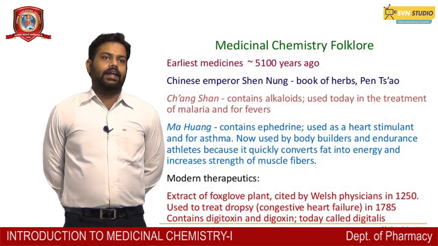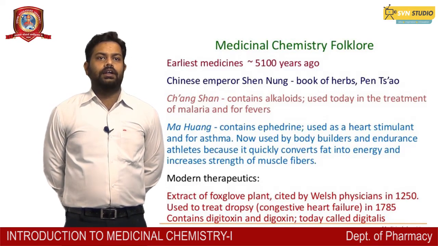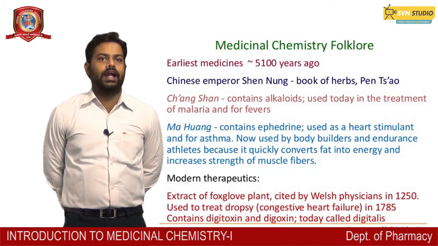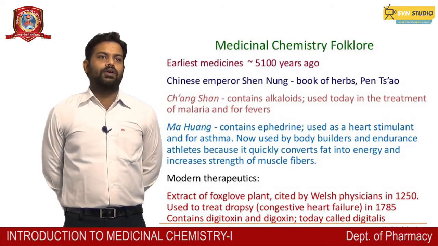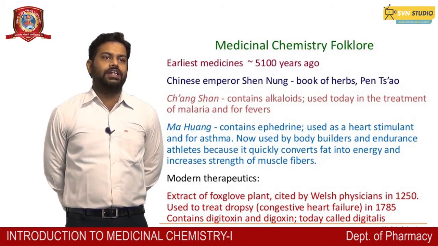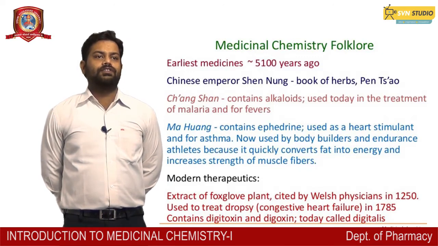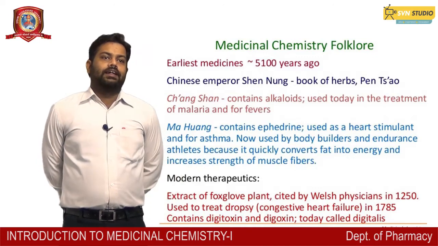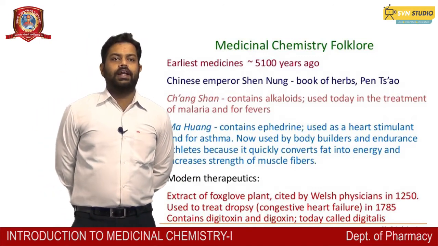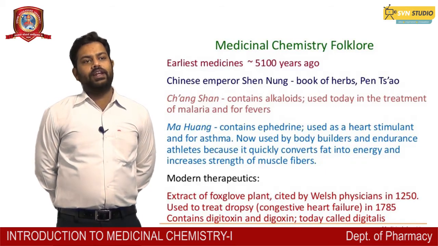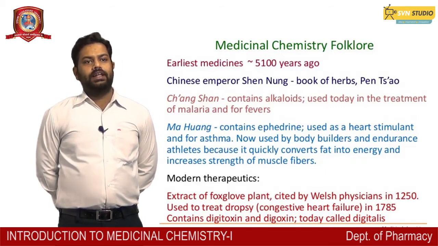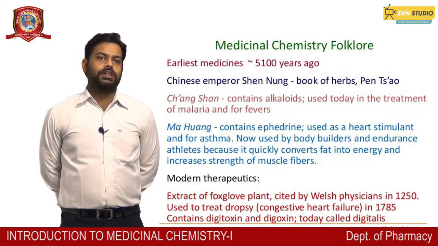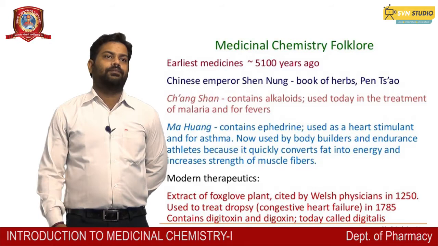Ma Huang contains ephedrine, used as a heart stimulant and for asthma, now used by bodybuilders and endurance athletes because it quickly converts fat into energy and increases strength of muscle fiber. A modern therapeutic is an extract of the foxglove plant, cited by a Welsh physician in 1250, used to treat dropsy, that is congestive heart failure. In 1785 it was found to contain digitoxin and digoxin, today called digitalis.